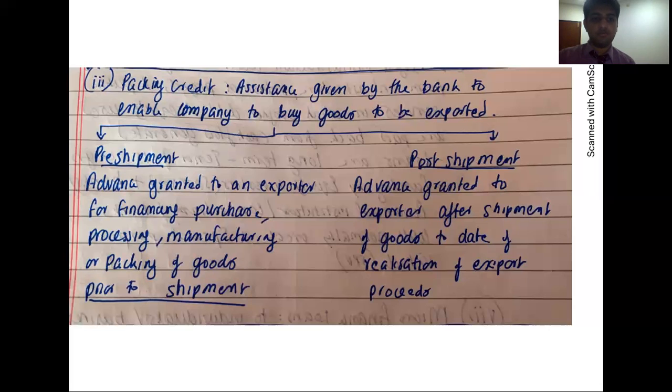In this situation, we will be getting this facility in foreign currency also. So pre-shipment can be in domestic currency and foreign currency. This is the basic idea about packing credit. Packing credit is given only to exporters, when a company sells goods abroad.